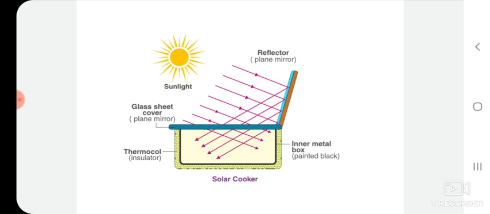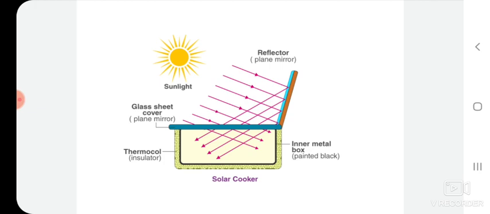Sunlight isn't hot in and of itself. It is radiation generated by fluctuating electric and magnetic fields, basically, that we have to understand.